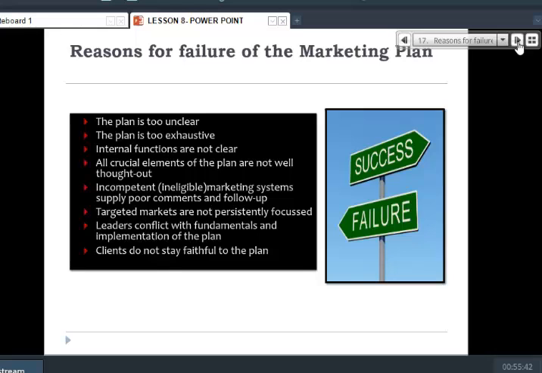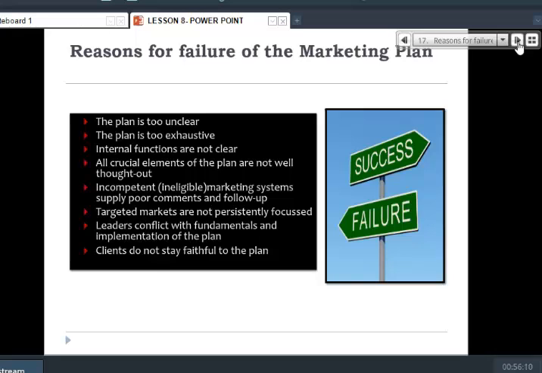The intangible or ineligible marketing systems supply poor comments and follow-up, and also the targeted markets are not precisely focused. The leaders, the top management, have conflict among each other with the fundamentals and the implementation of the plan.